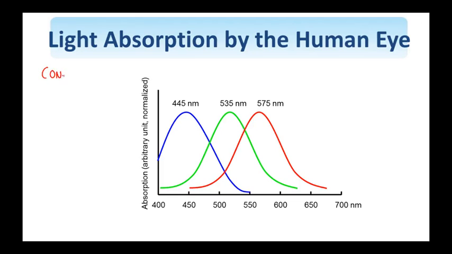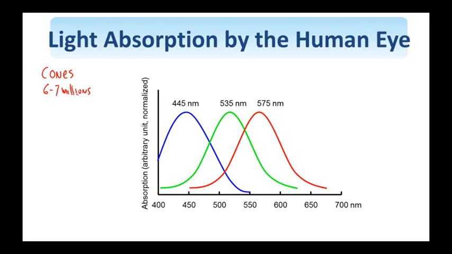Cones in the eye are responsible for color vision. There are about 6 to 7 million cones. It has been found experimentally that the cones can be divided into 3 principal sensing categories, which correspond roughly to the RGB categories.